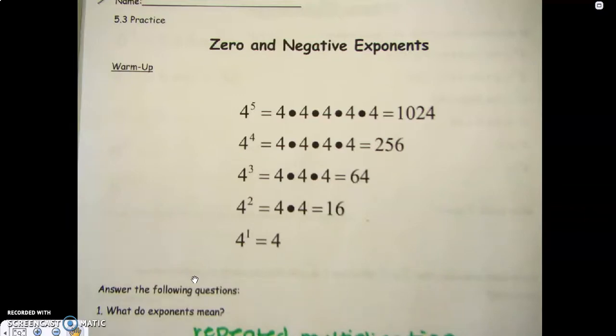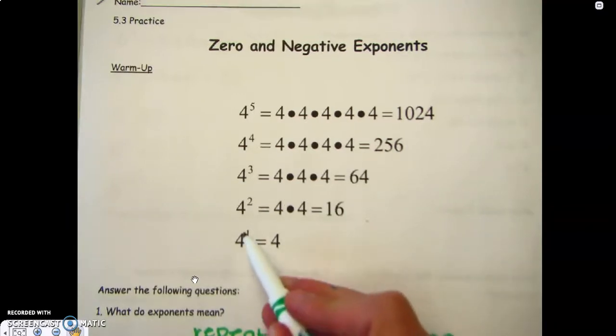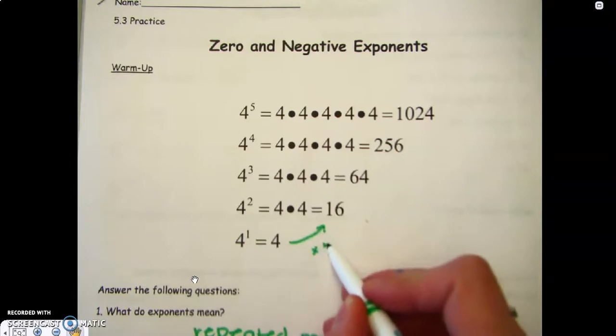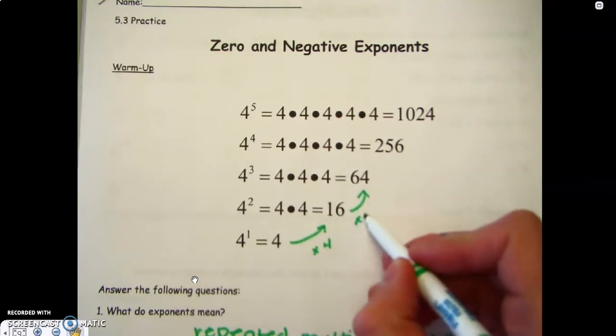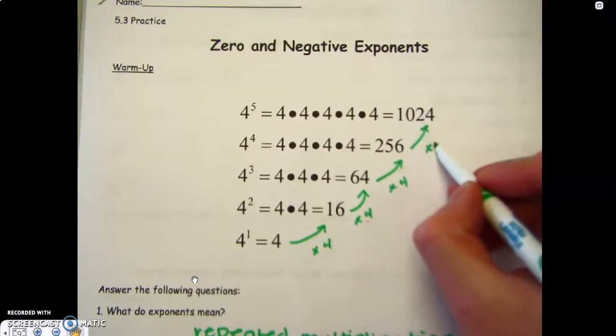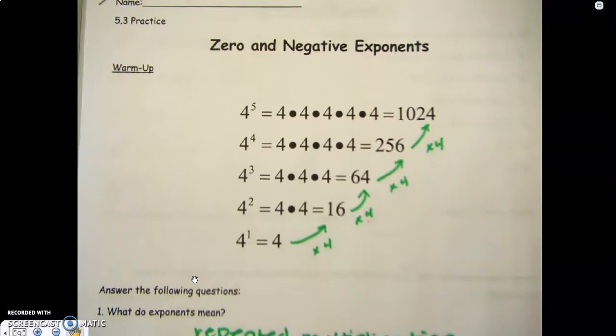So for example, if you had 4 to the first and you wanted to go to 4 to the second, you would just multiply it by 4. If you notice, as you go up, your products multiply by 4 as you increase, right? So that's one pattern that you could have seen.